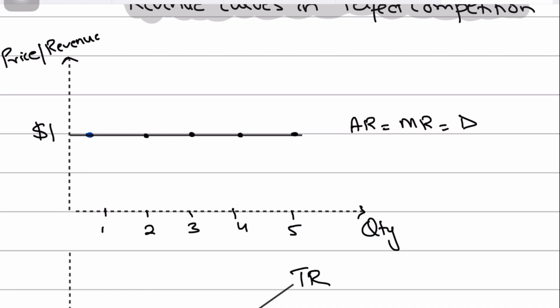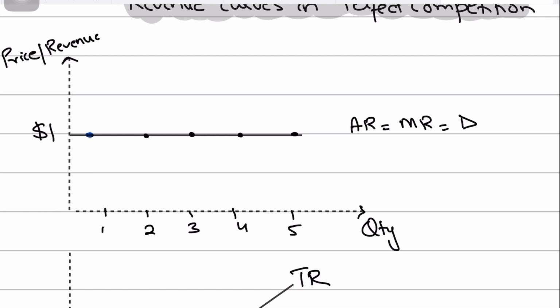But just to give you a brief hint, remember that any curve that establishes the relation between price and quantity is a demand curve. So a curve that establishes the relation between price and quantity is your demand curve, right? So if the firm is selling 1 unit or 2 units or 3 units, which obviously means they're demanded as well.